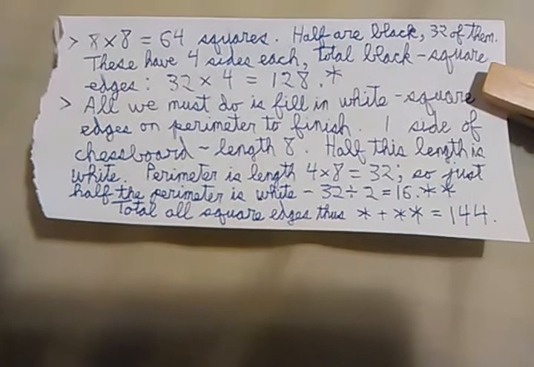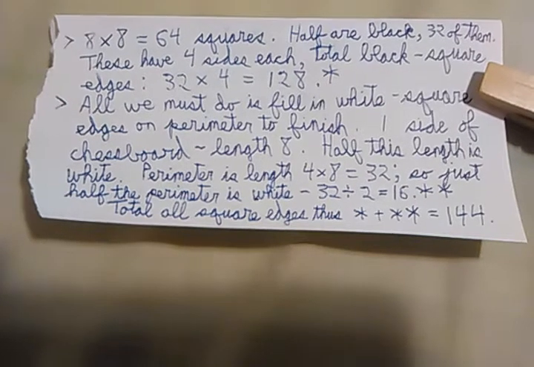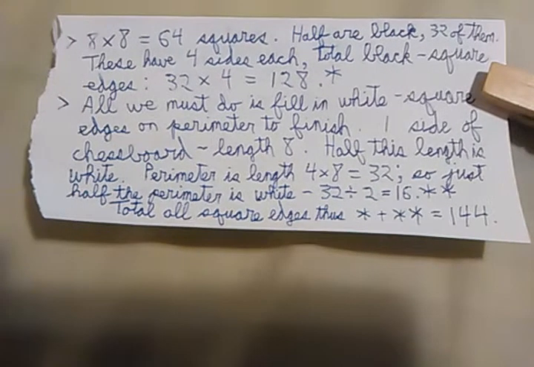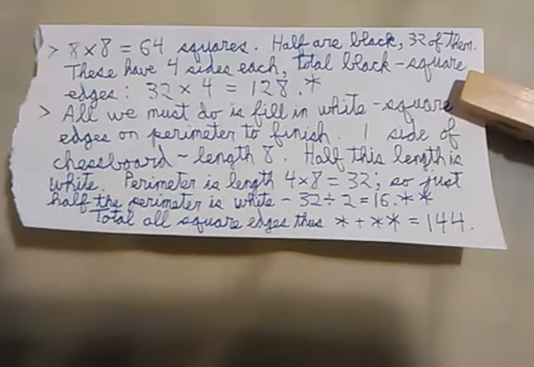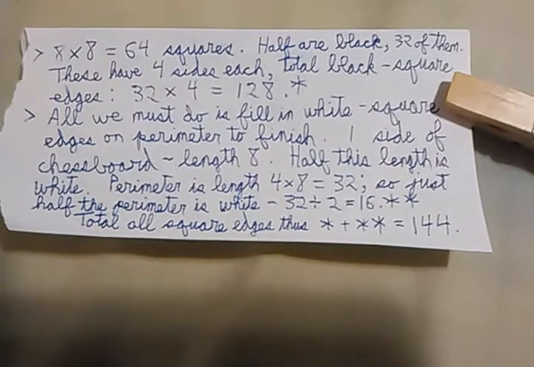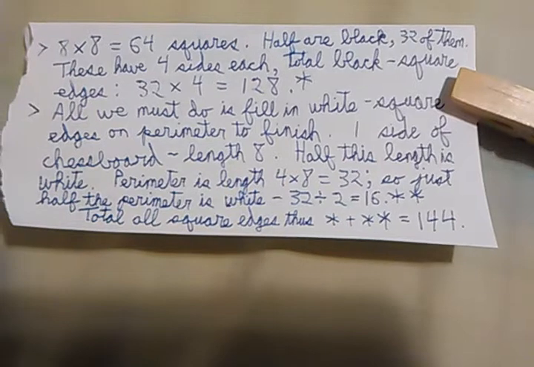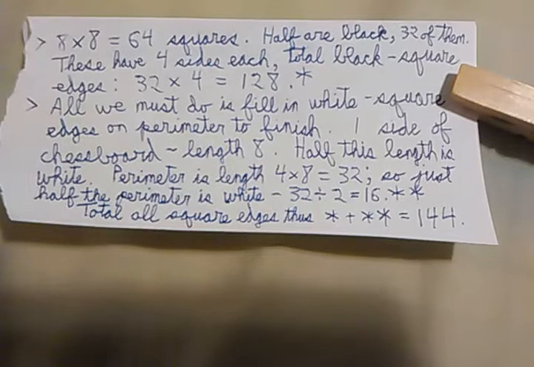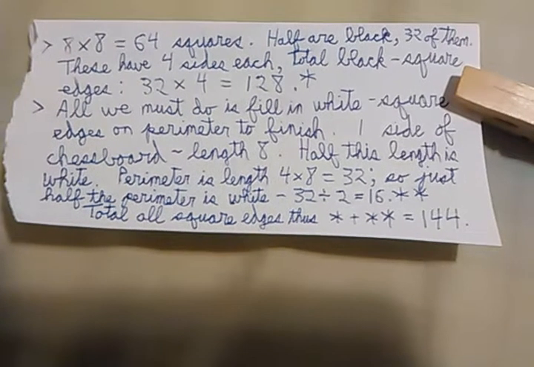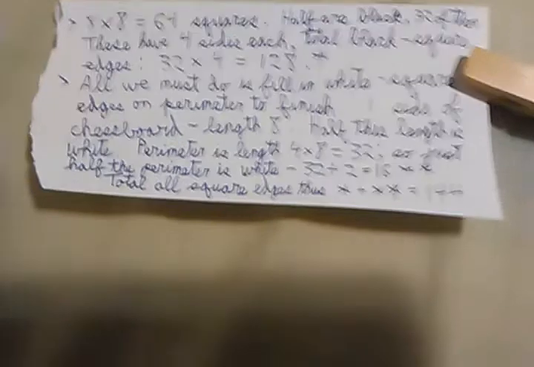So just half the perimeter is white. That is to say, 32 divided by 2, 16. Adding those two subtotals up, as you can see, 128 plus 16 is 144.